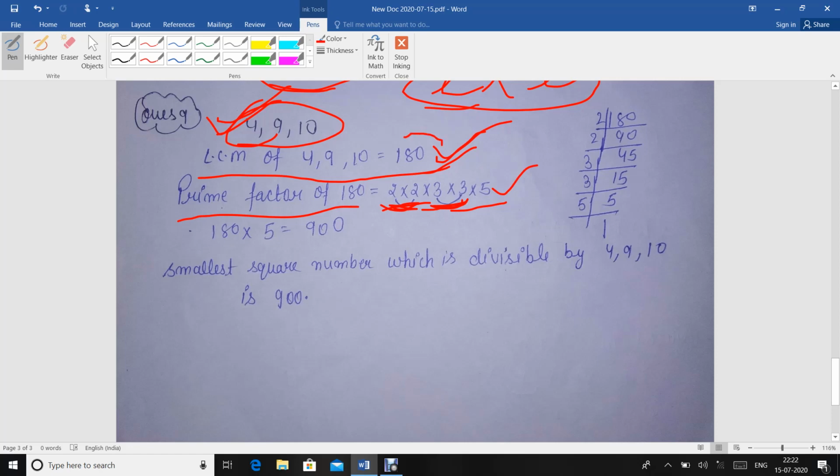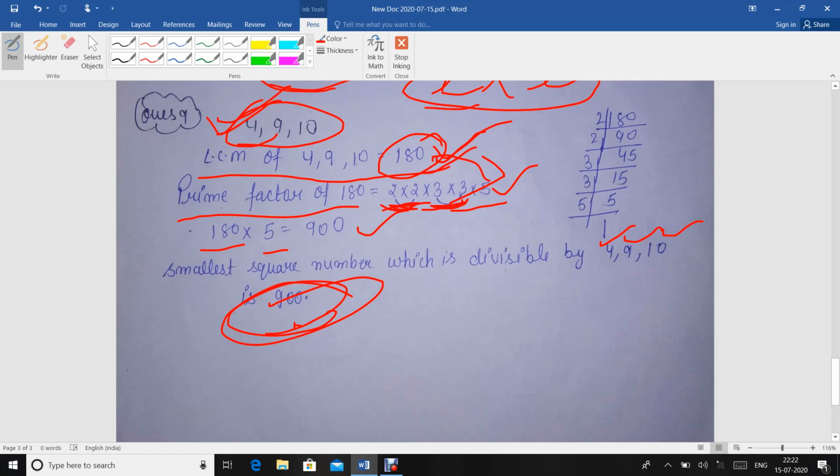So we will multiply 180 by 5 to make it a perfect square. So 180 multiplied by 5 is equal to 900. So 900 is the smallest number which is divisible by 4, 9 and 10.